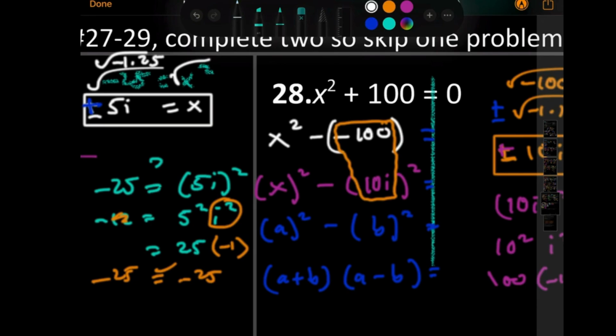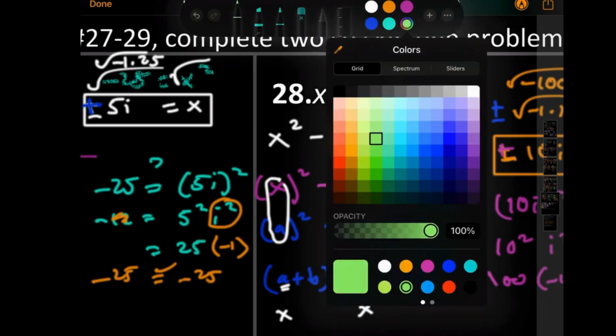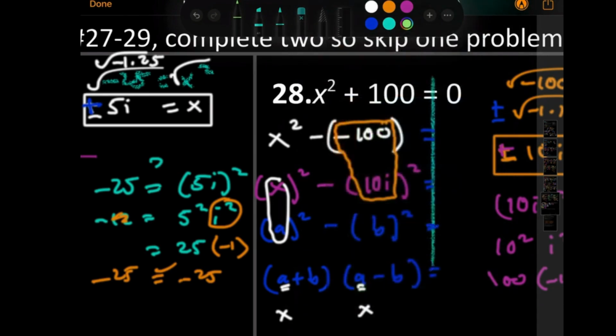So my a value is x, and instead of writing b, we're going to be writing 10i.